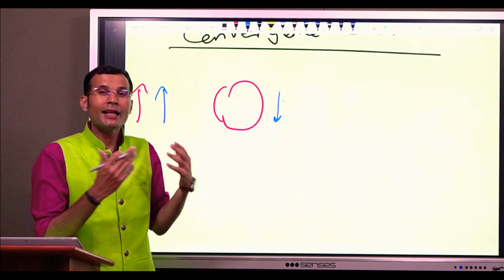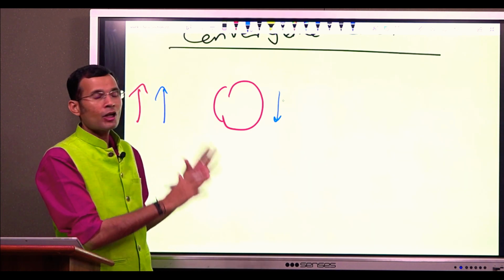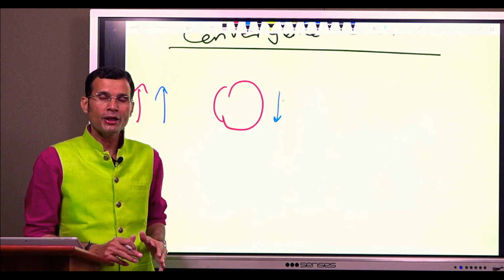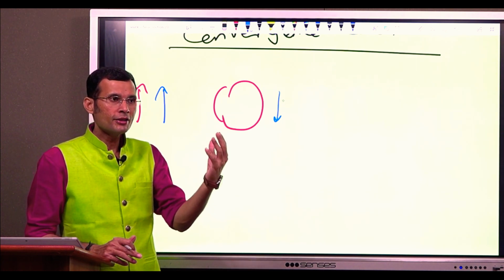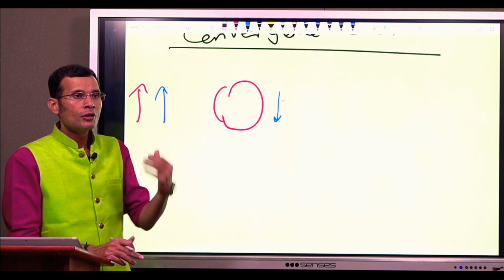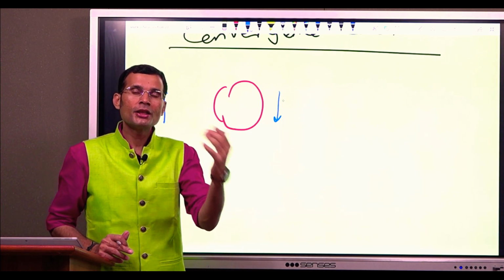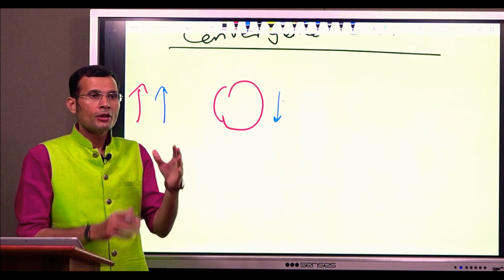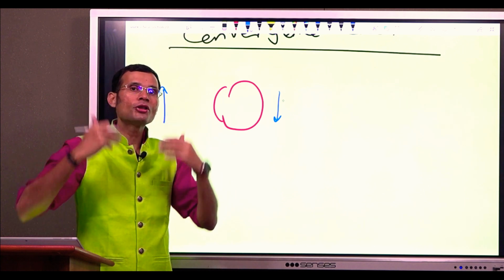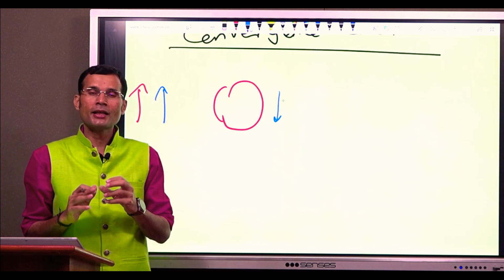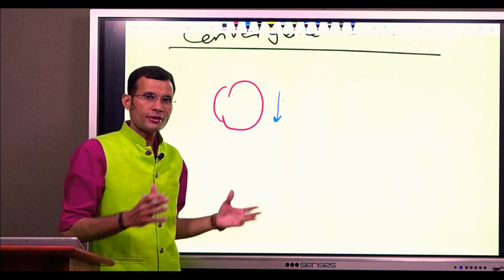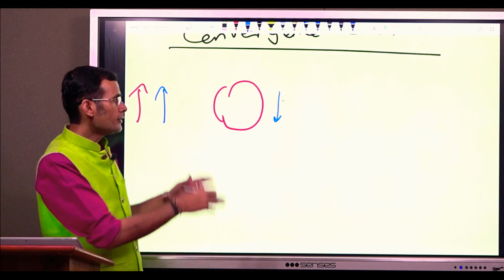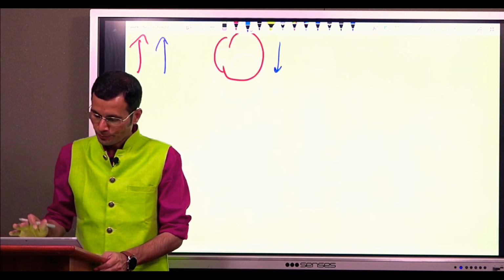Those changes are collectively called the accommodation reaction. So those changes in the eye to look at a near object, to form its image on the retina, are collectively called the accommodation reaction.